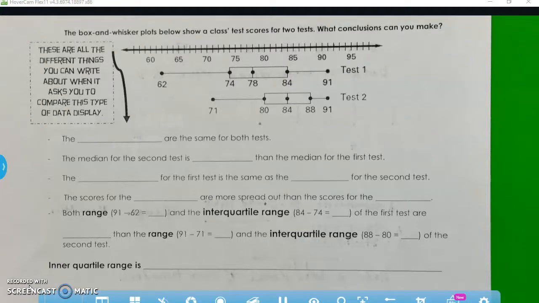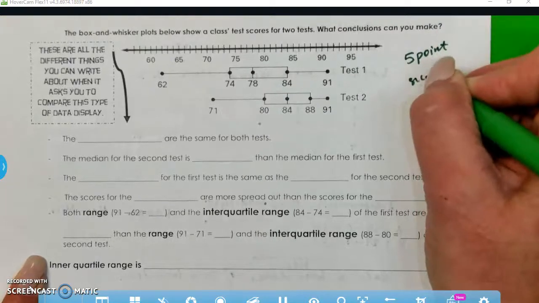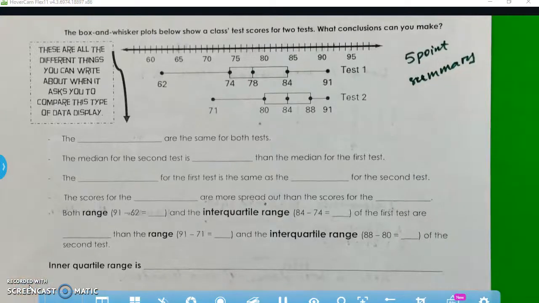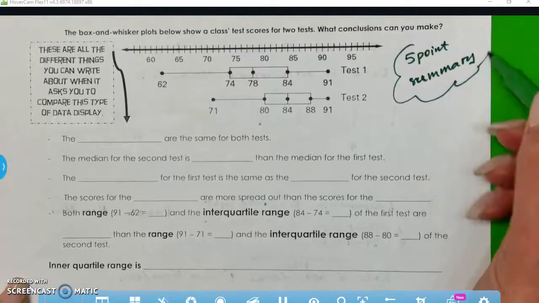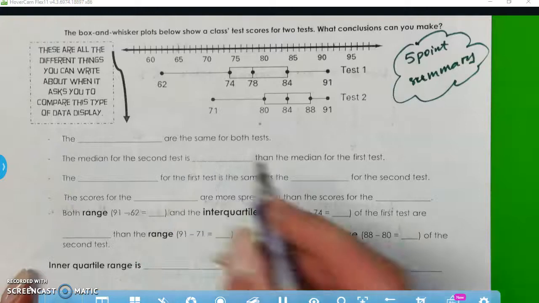For the analysis, once again, you are talking about the 5-point summary. That's going to be important to keep in mind at all times. We do not have the list of grades. We can only use the data in our graph.